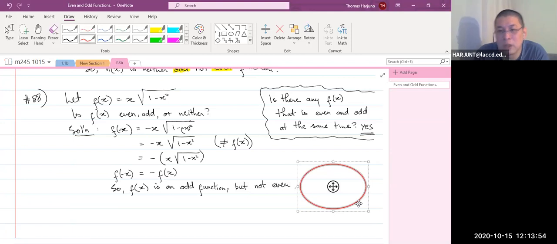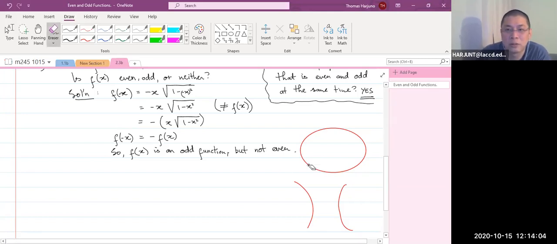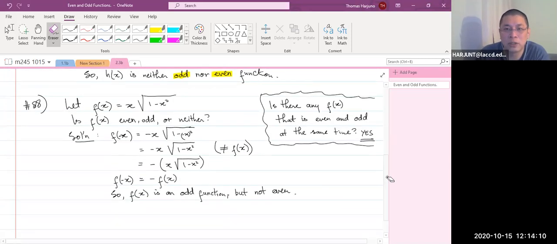A hyperbola has all symmetry. The problem with these is that they are not functions. There is only one function, technically speaking, whose domain is all real numbers that has even and odd symmetry.